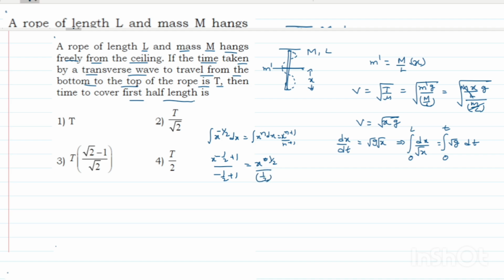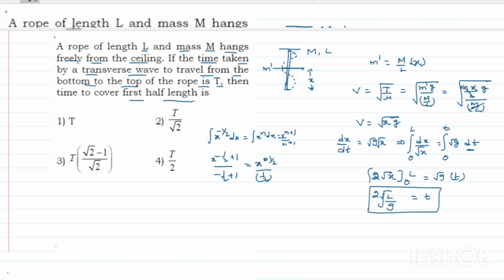So integration gives 2 into root x, with limits 0 to L, which equals root g into integral dt. Root g is a constant, so you take it outside, and integral dt is t. So 2 into root L, and bringing root g into the denominator, we get 2 into root over L by g, which is the time.